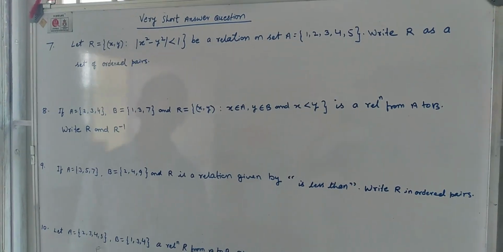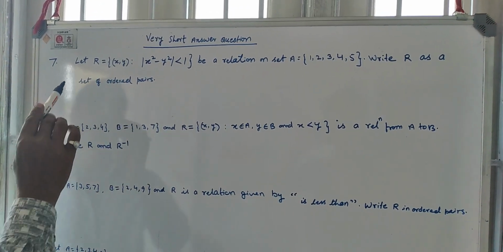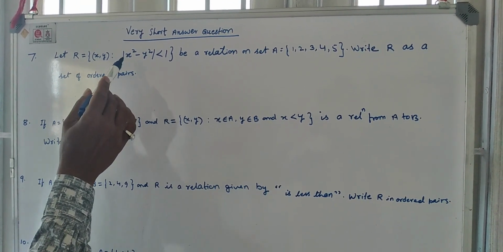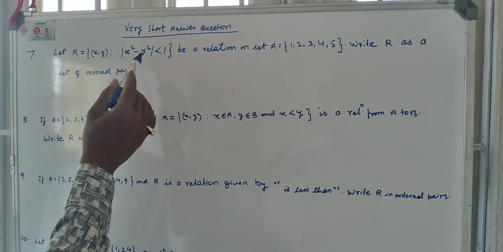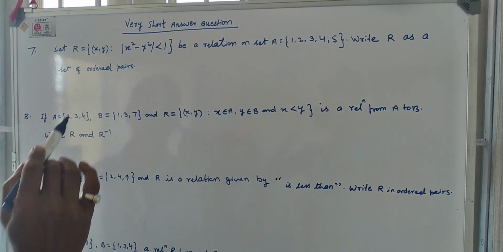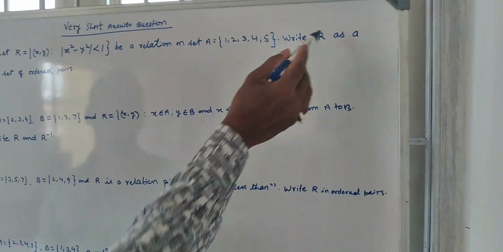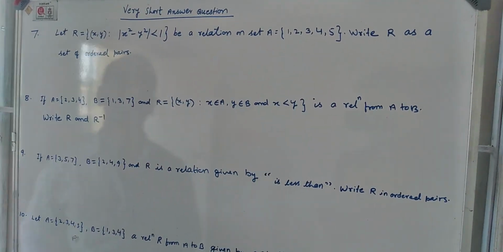Now come to the next question, question number 7. Here R is a relation whose members are (x, y) such that the modulus of x square minus y square is less than 1, on set A. Write R as ordered pairs.